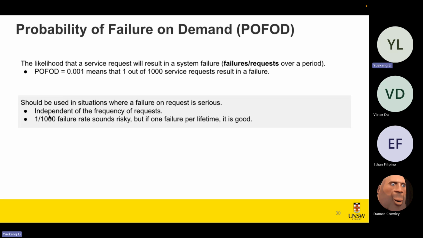The characteristic of this one is that it is independent of the frequency of requests, right? It's only about the probability. Imagine in that period of time we have maybe 10K or 100K requests. We don't care about the frequency, we don't care about how many failures we have. It just cares about the probability of having a failure.